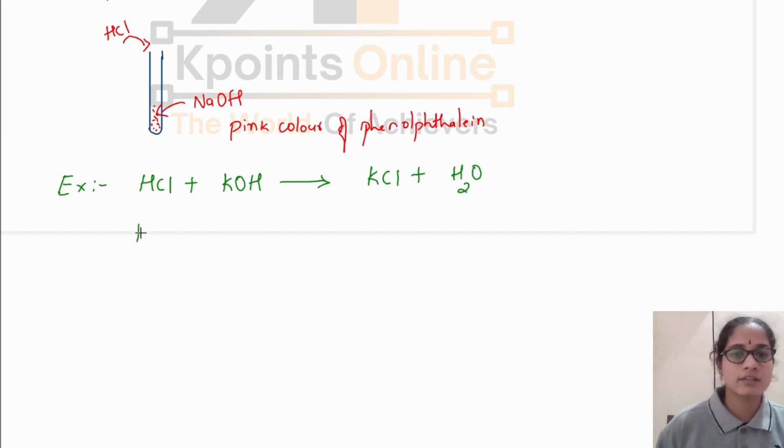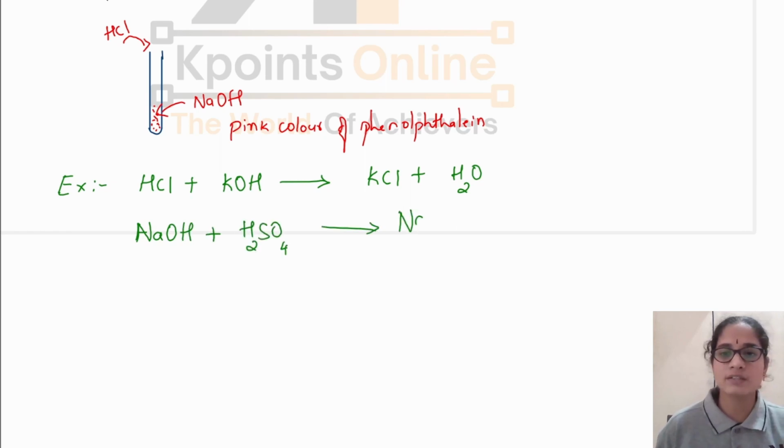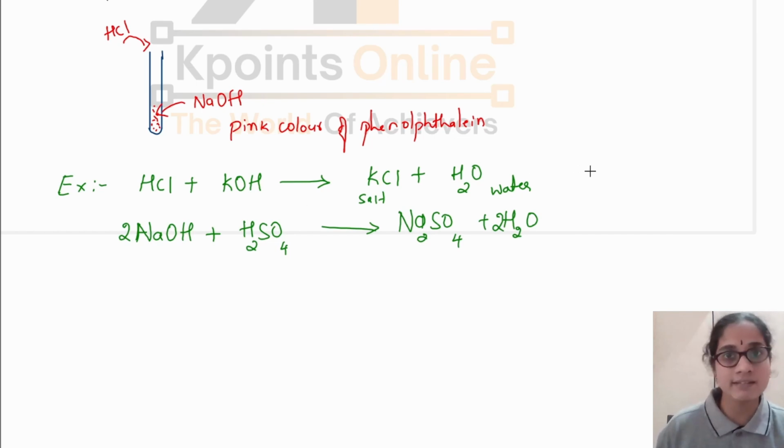And when the base NaOH reacts with sulfuric acid, it forms the salt sodium sulfate plus water. These are some examples of neutralization reaction where there is a formation of salt and water. The type of salt depends on the type of acid and base you have used. These are also examples of double displacement reactions.